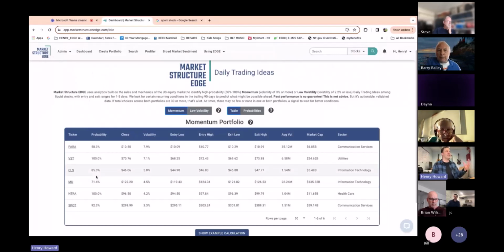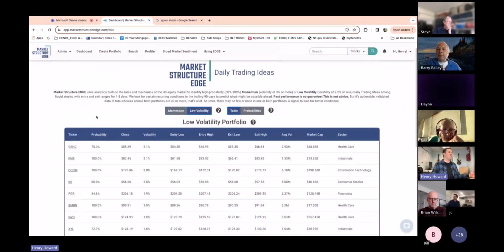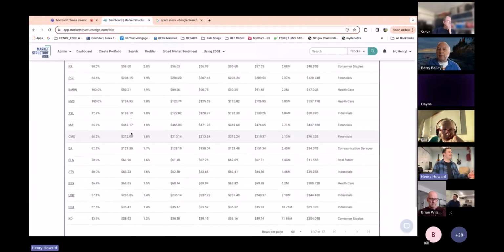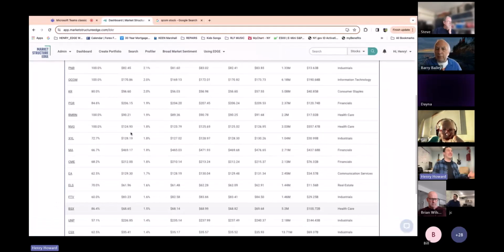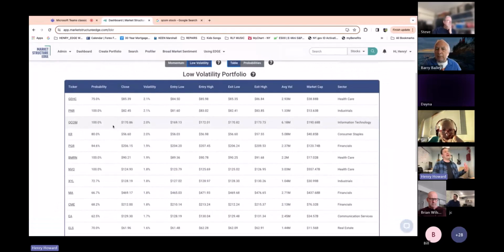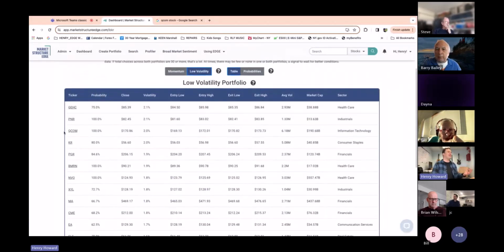Sometimes I'm looking for certain names that I feel more confident in. There's only 6 components in here. If I look at low volatility, Brian mentioned yesterday there were 29 components. Now there's only 20.